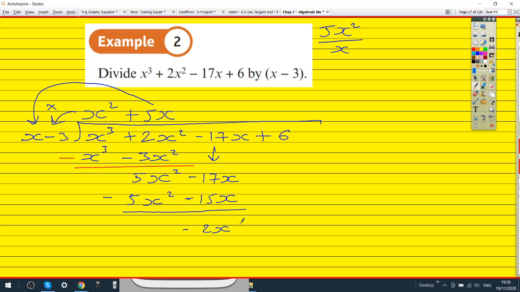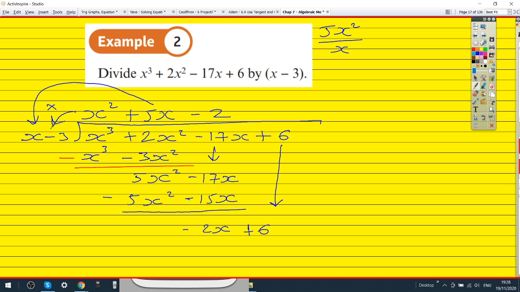What's next? Bring down your 6, so you get plus 6. And then do you divide the minus 2x? You only need to compare the first two. So you divide, and then multiply.